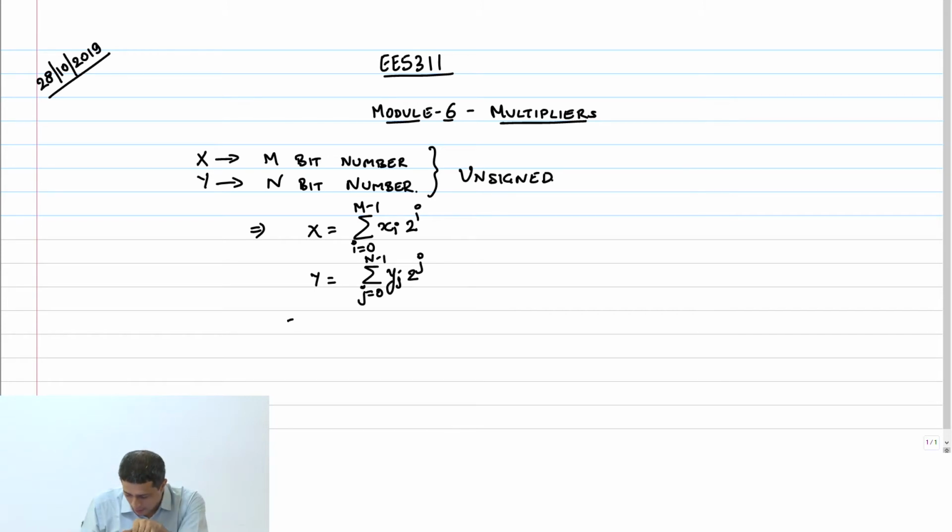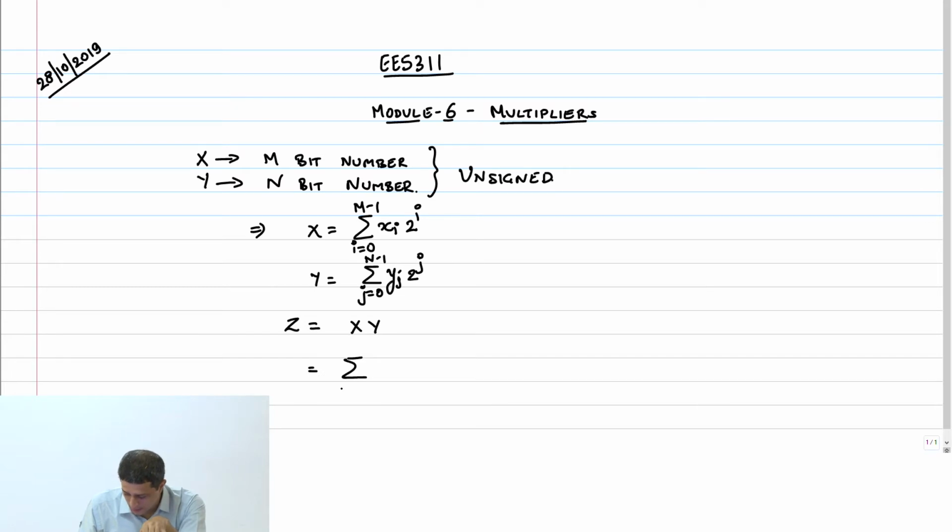So I am now going to create a product of these two numbers, and this will be z equals x times y. So if x is m bits and y is n bits, how many bits will z be? So we'll look at that.